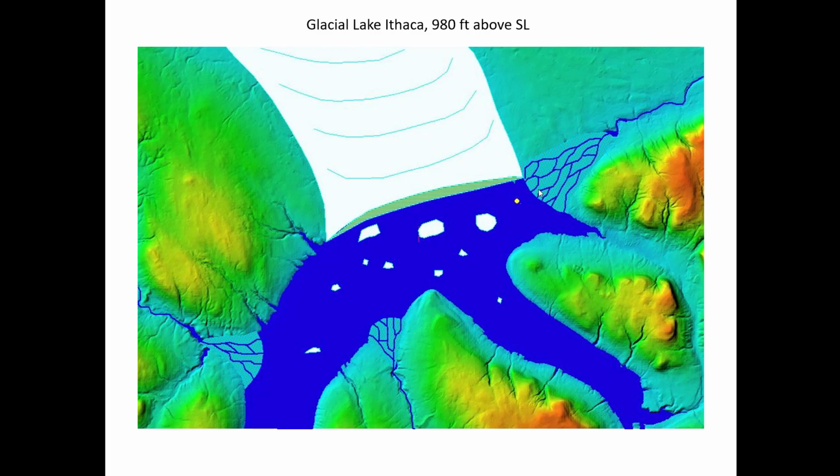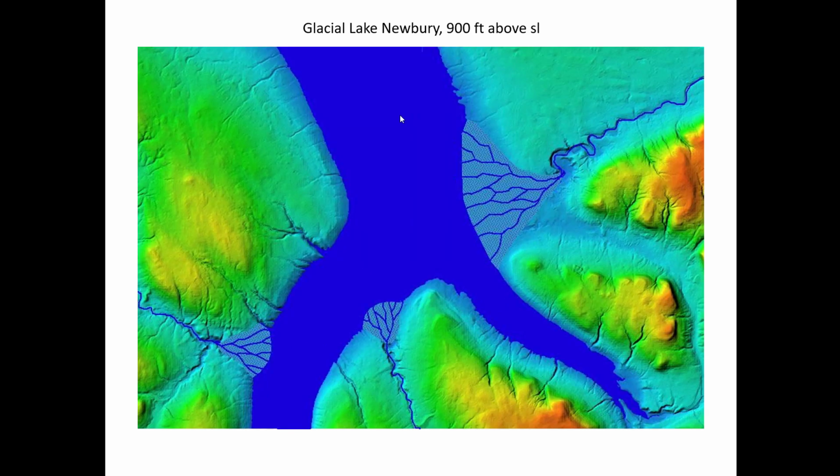So I encourage you to go back and forth and make sure that you see exactly what's happening here. So the glacier continues to melt back, and all of these glacial lakes merge along with the opening of the initial portion of Cayuga Lake, which geologists call Glacial Lake Newberry, and that has an elevation of about 900 feet above sea level.